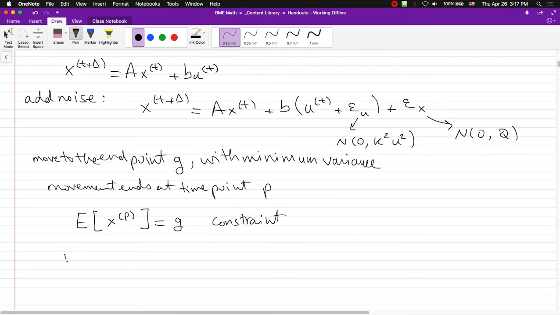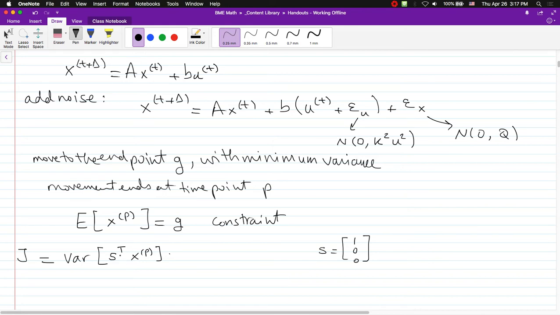And when you achieve this, you want the variance of your endpoint to be as small as possible. So you want a cost that's going to be the variance of your endpoint. Variance is going to be just position, right? So you want just the position at the end to have the smallest variance possible. I'm going to do that with a vector S transpose times x at time point P. S is a vector of 1, 0, 0, so what this does is it just picks position and says only the variance of position is what I'm interested in.